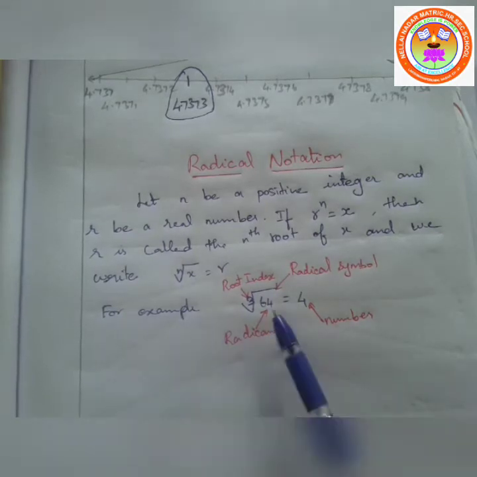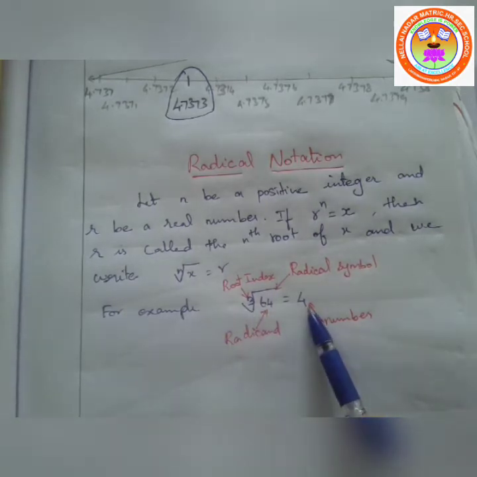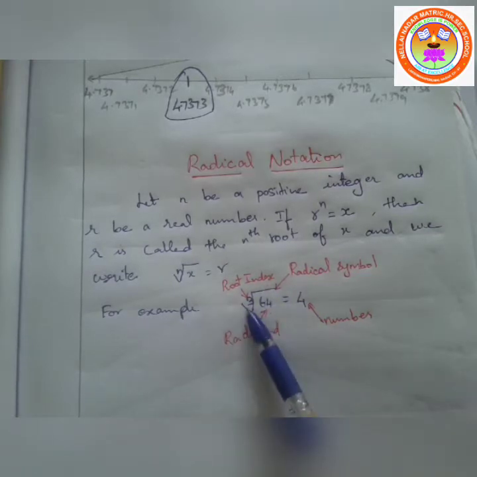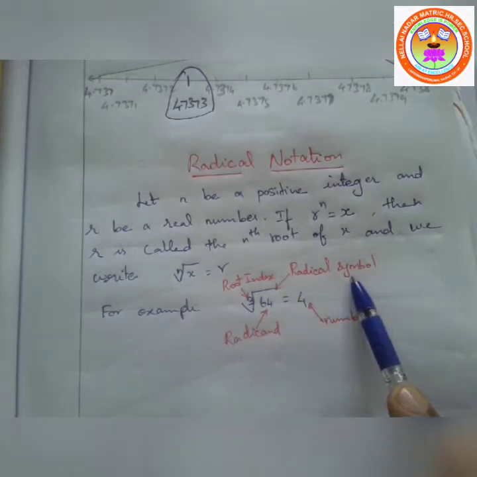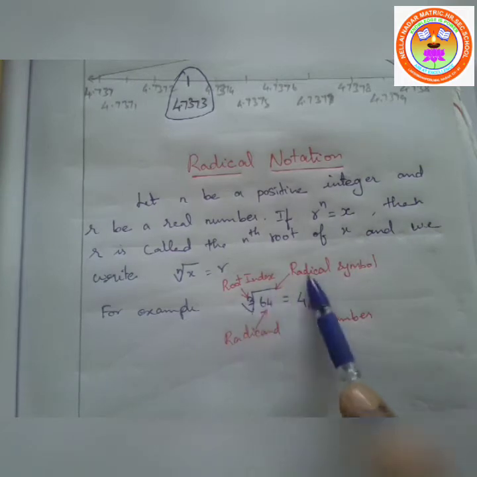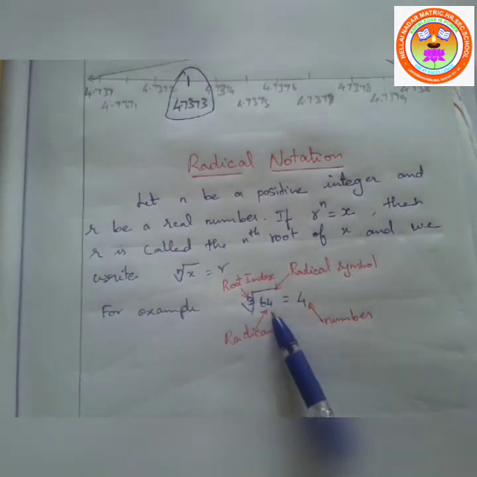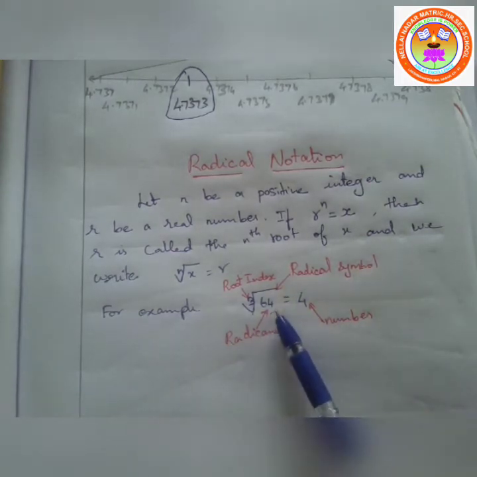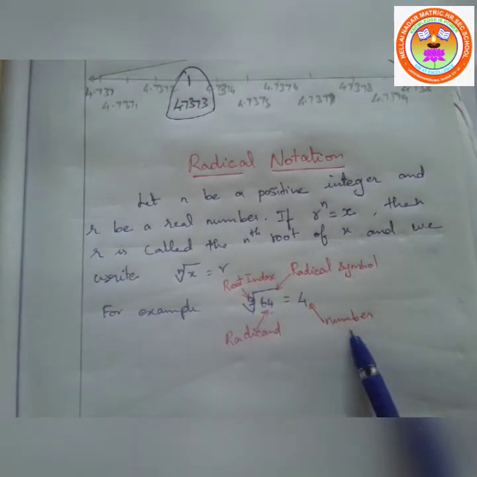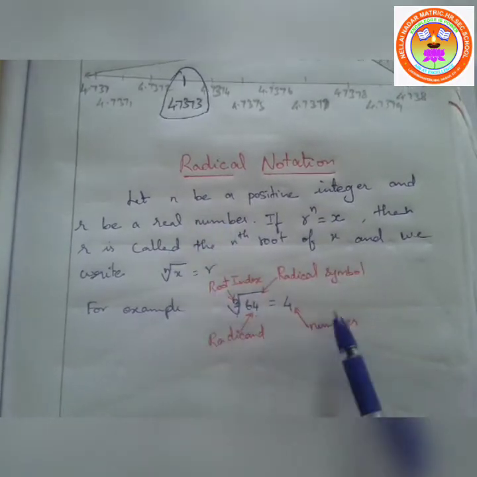For example, cube root of 64 equal to 4. Here root index is 3, radical symbol is this square root symbol, that is called radical symbol. This 64 is called radicand and this 4 is called the root. So you want to know these terms before going into these exercises.